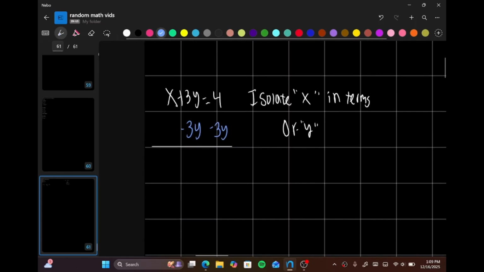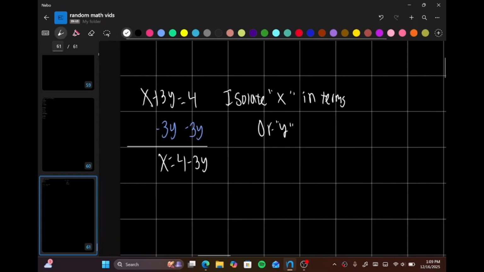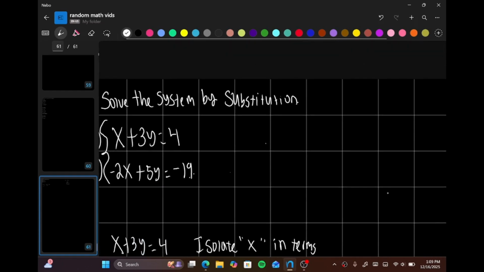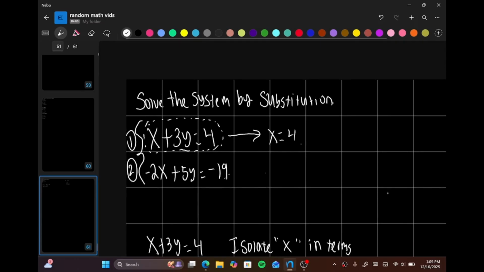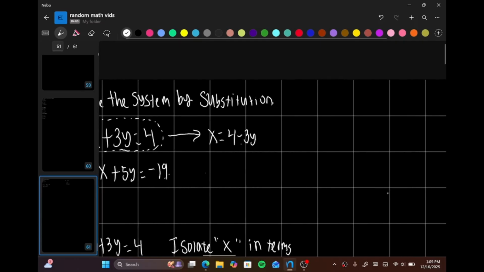We're going to have x equals 4 minus 3y. So we know that this is going to be new equation 1. So for this first equation, this is going to turn into x equals 4 minus 3y. So this is new equation 1.